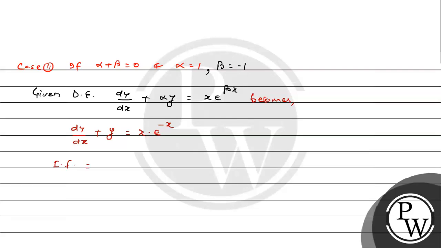Now the integrating factor is e to the power integral of p dx, the value of p is 1, so it is e to the power x.